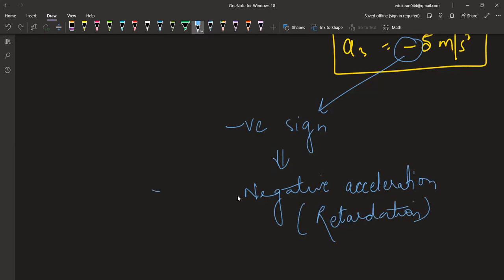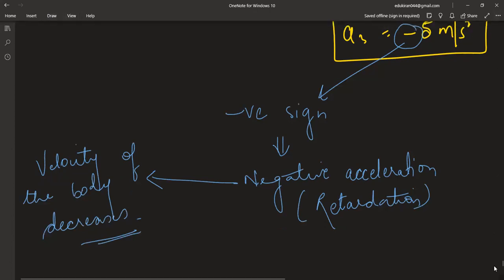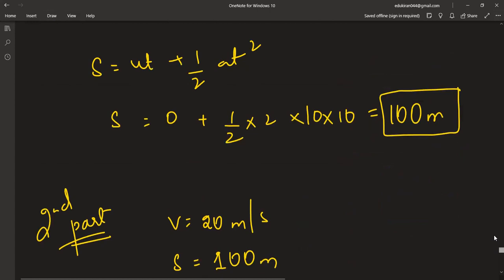And why does it occur in the system? Because velocity of the body decreases. This is the reason. So mark this as important question. Practice it yourself as well. Write it down.